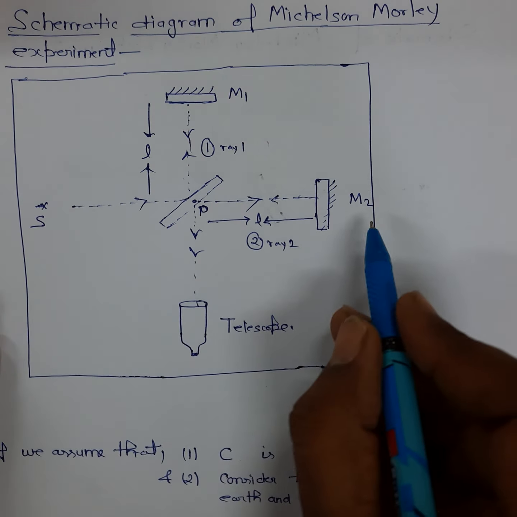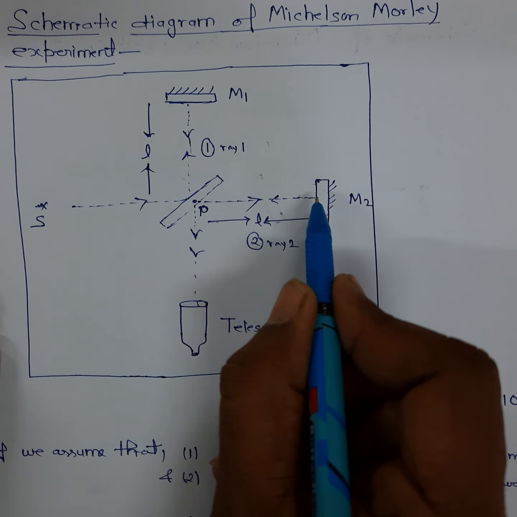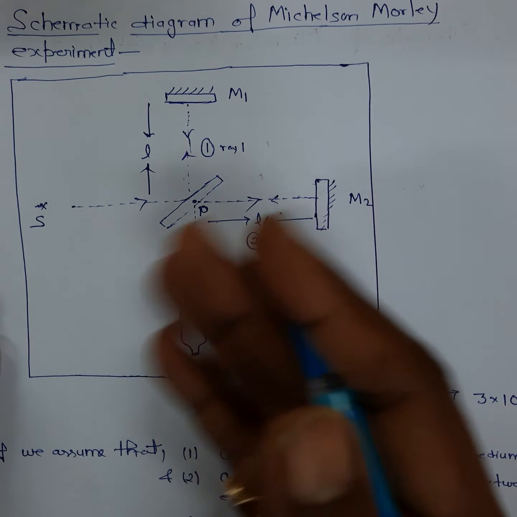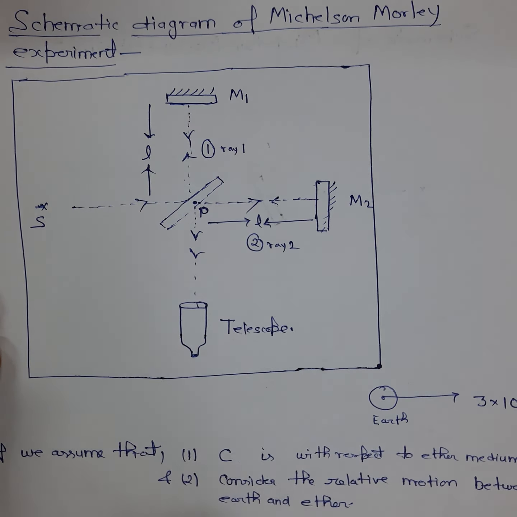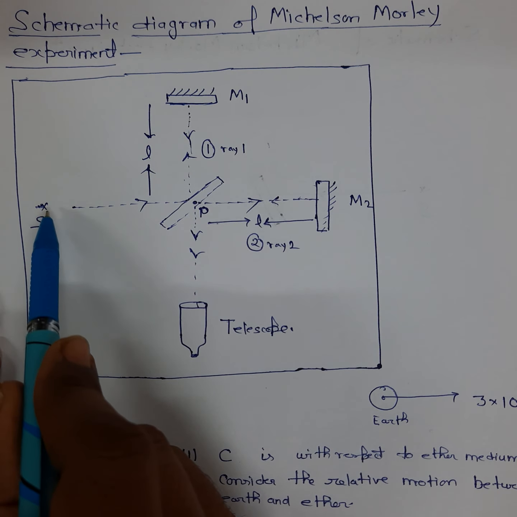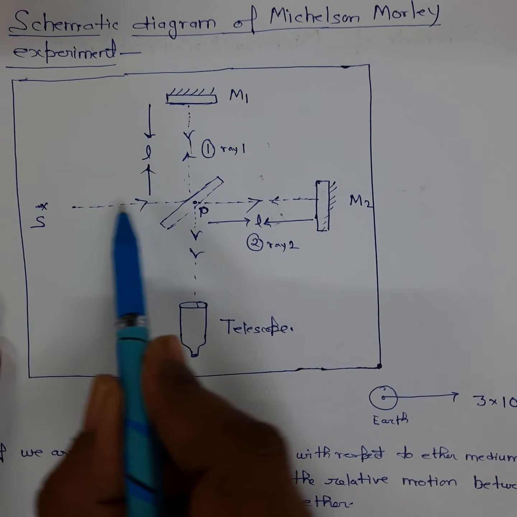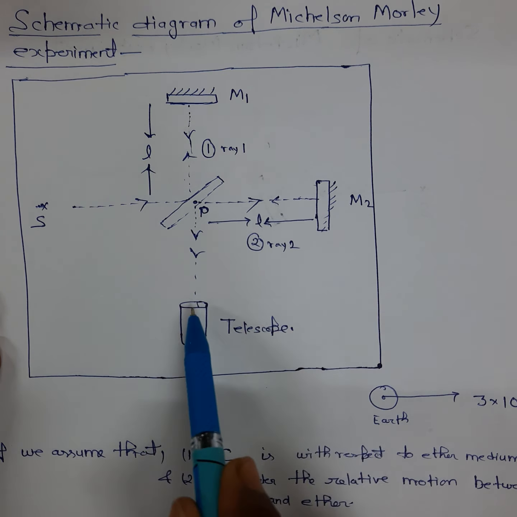It was supposed that this path was in the direction of the motion of ether. So for both the rays, S is the source. The ray which reaches mirror M2 is reflected back and finally reaches the telescope.